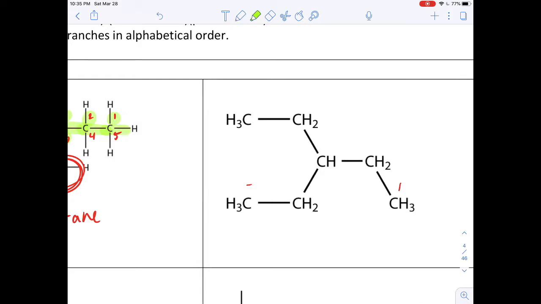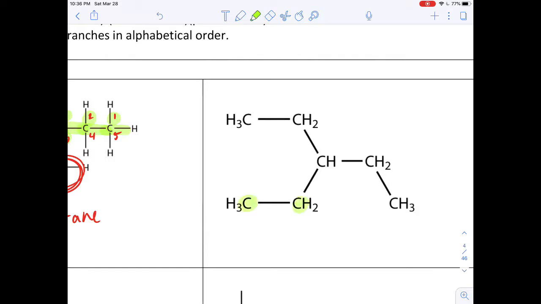And then here I've got 1, 2, 3, 4, 5 as my parent chain, or it could be 1, 2, 3, 4, 5 as my parent chain. This is a bit of an odd molecule because there isn't one way to count, but it'll still work out the same.